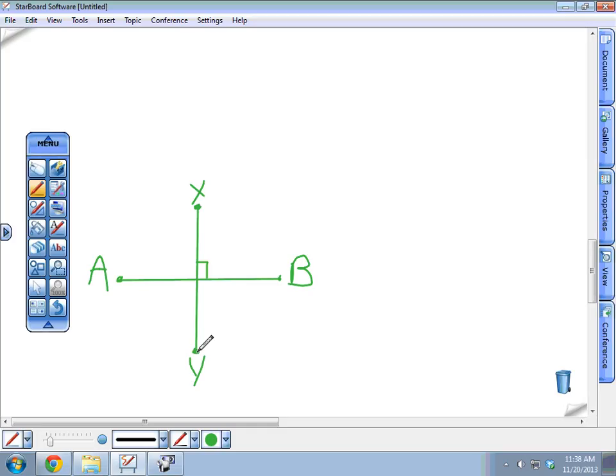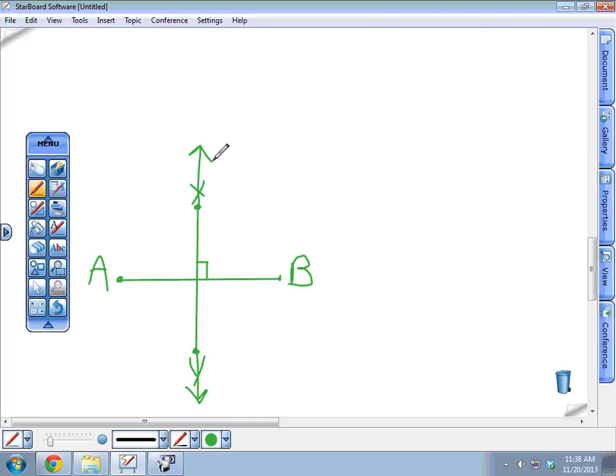So, if I have line segment AB here, line XY, because this could extend out, right? Line XY is a perpendicular bisector of this segment because it forms a right angle, making it perpendicular, and it separates this into 2 even parts. That makes it a bisector.